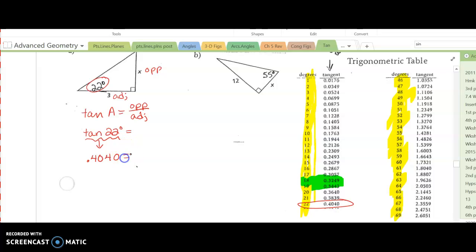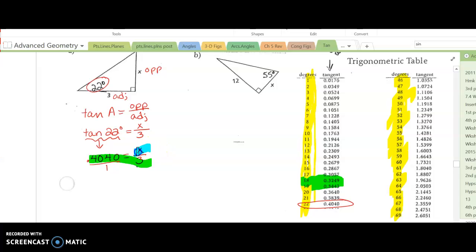Aha, so that must be equal to this triangle with 22 degrees and her opposite to adjacent ratio. So her opposite side is x and her adjacent side is 3. So since all triangles with 22 degrees have the same number for their ratio, this one must have that same number. And now I just solve. Now, you can multiply both sides by 3, or you can cross multiply.